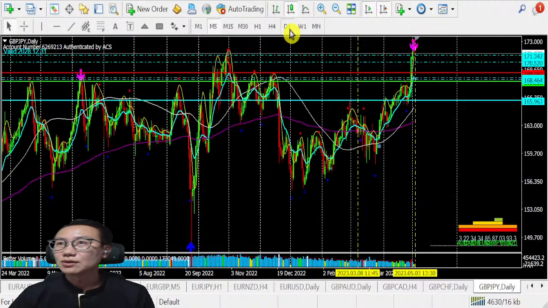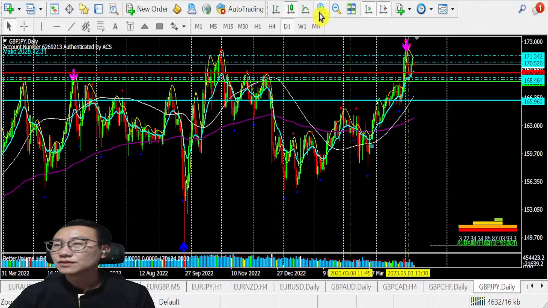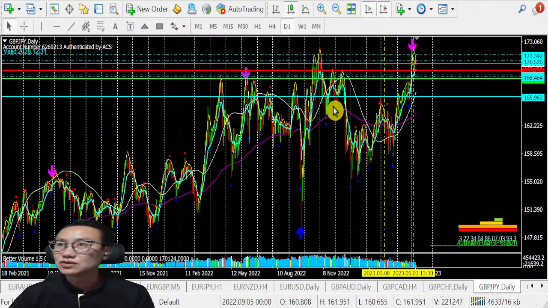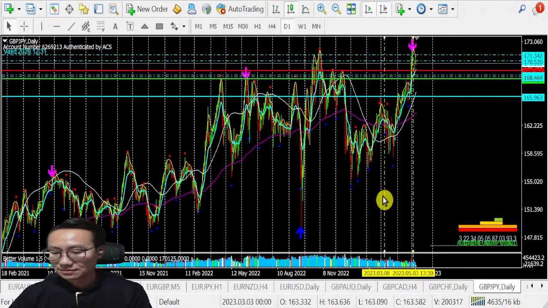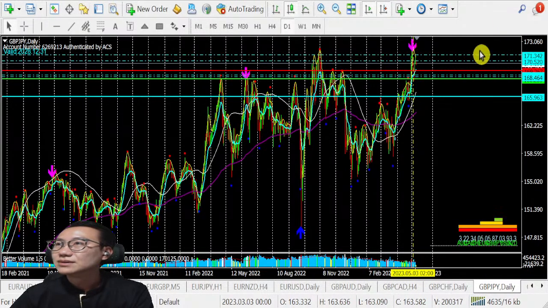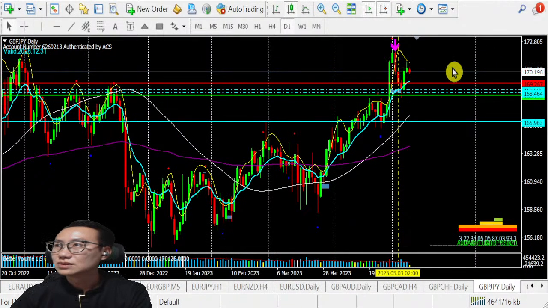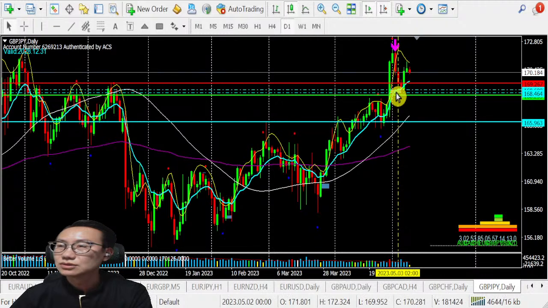Let's take a look at pound yen. Over here, we are moving towards the north, correct? I know there are a lot of lines here, so let's remove them. There are still some areas over here that have been taken out, so I'm going to remove this area here, and this area as well.